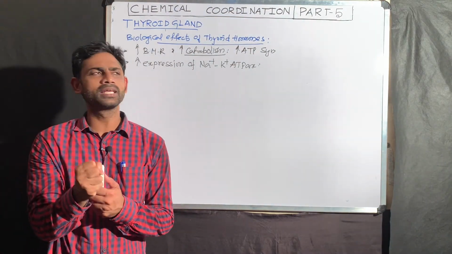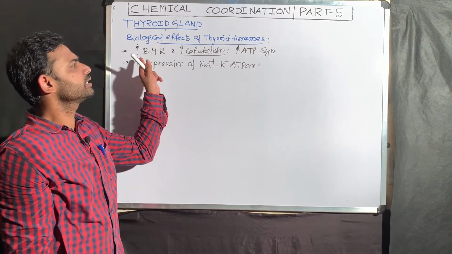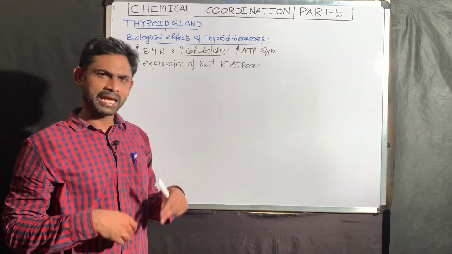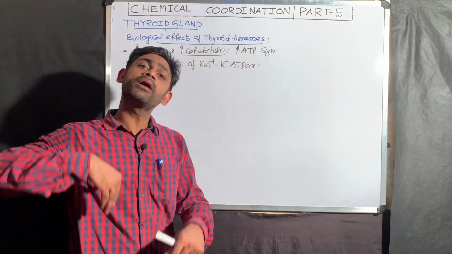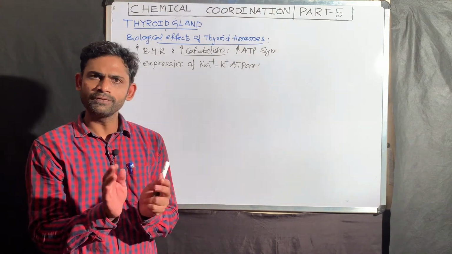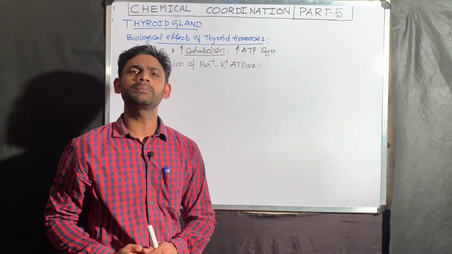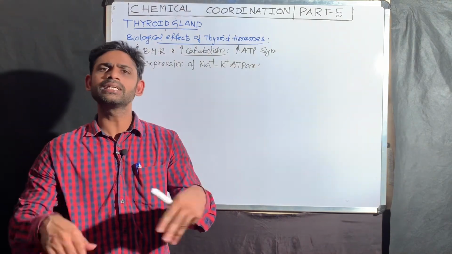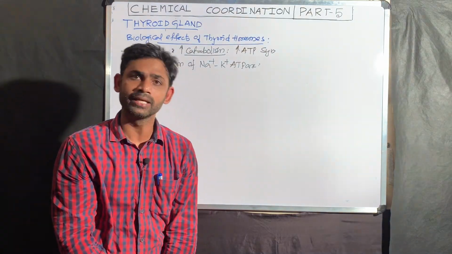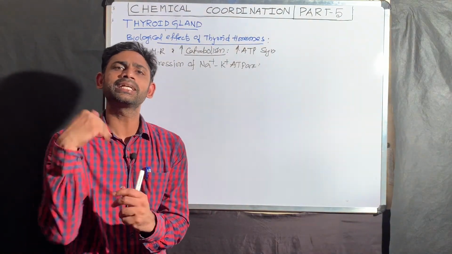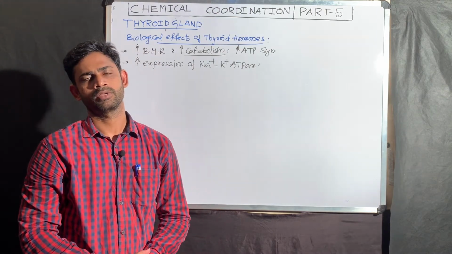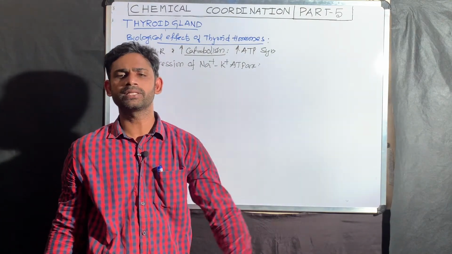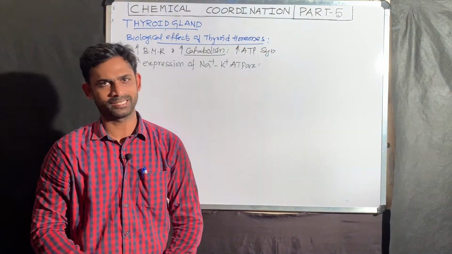If you understand clearly, on one side these thyroid hormones increase ATP synthesis. On the other side, simultaneously, they increase the breakdown of ATP also. Because synthesis and breakdown occur simultaneously, some amount of energy is lost. Understand? Because in our body, either the catabolic pathway or the anabolic pathway dominates.